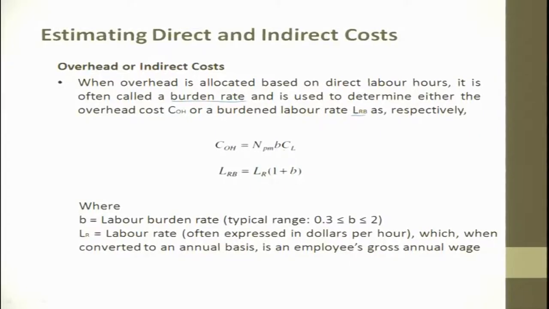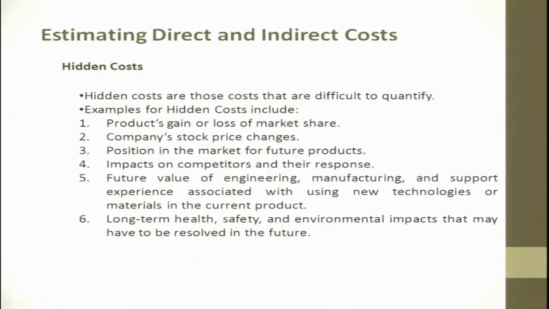OH is the overhead cost, N is the number, B is the labor burden rate, which always takes a value between 0.3 and 2, and LR is the labor rate, which is 1 plus B, often expressed in dollars per hour, which when converted to an annual basis is the employment gross average basis.